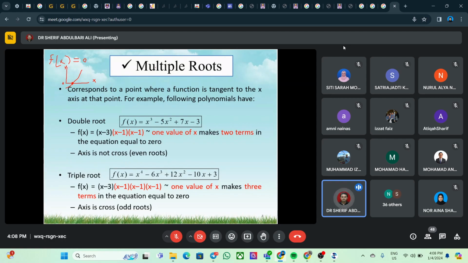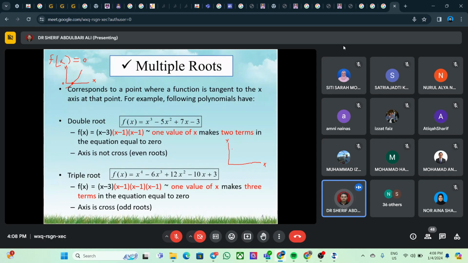But here for the multiple root, what's happening is in somehow a little bit different. This corresponds to the point where the function is tangent to the x-axis. So let's say we are having this figure here. This is the x-axis. This is y, or the function.